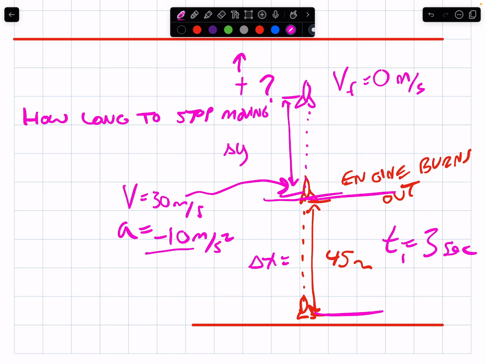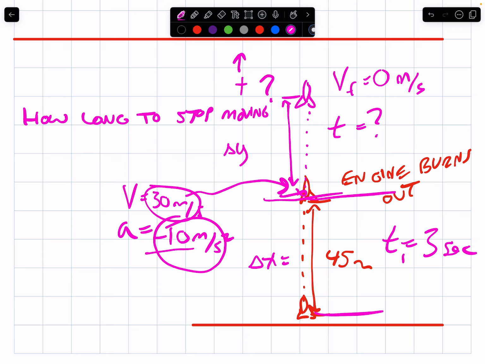Now the question is, what is this time up here going to be? I know the problem's getting a little crazy here because you've got a lot of different terms. Well, it's moving 30 meters per second when the engine burns out. It's losing 10 meters per second every second it's moving up. So how many seconds to stop? It's going to take 3 seconds to stop.